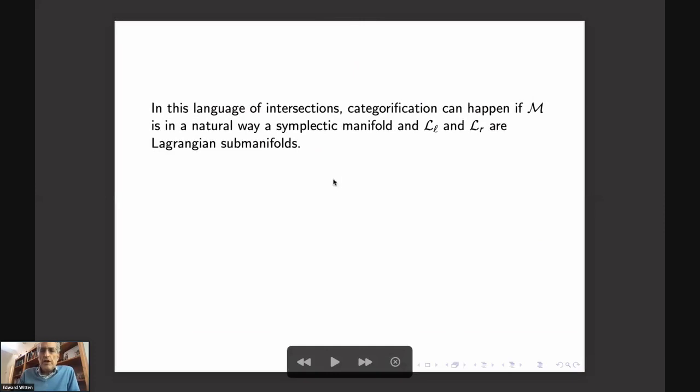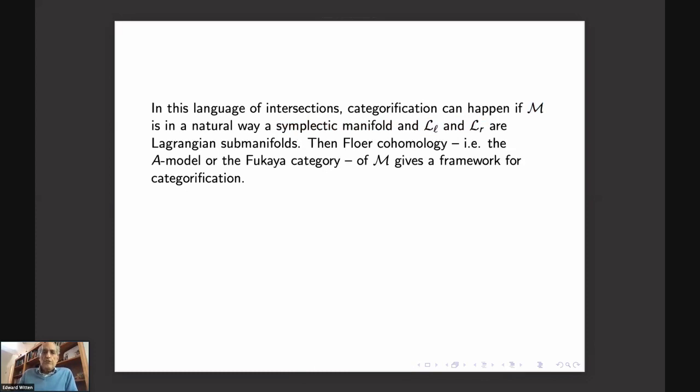So categorification can happen, and I mean here the original version of Floer theory for symplectic manifolds. So categorification can happen if M is a symplectic manifold and L sub L and L sub R are Lagrangian submanifolds. Then Floer homology, in other words, what physicists would call the A model or mathematicians would call the Fukaya category of M, will give a framework for categorification.